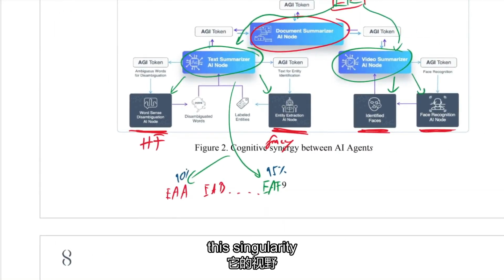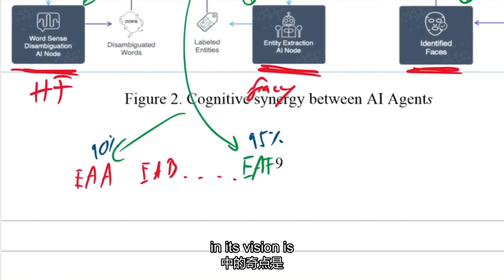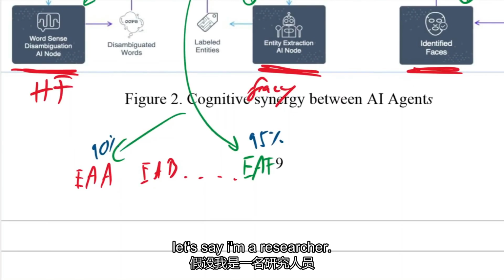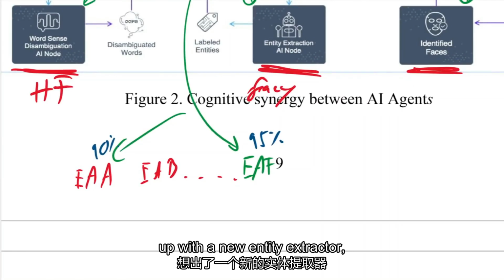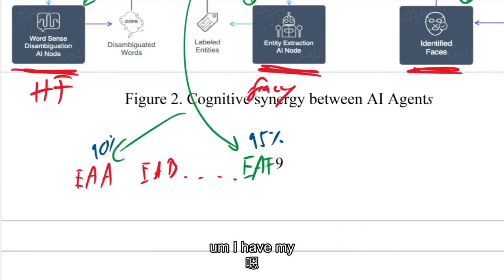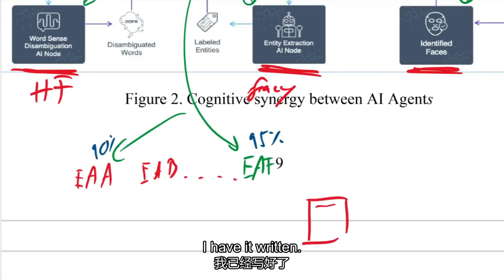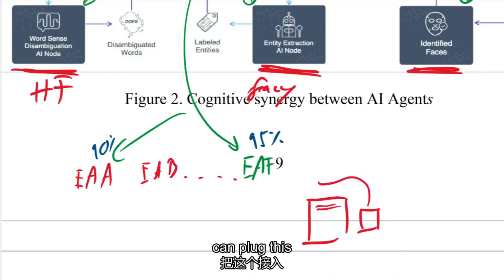Now, SingularityNET's vision is that, let's say, I'm a researcher and I come up with a new entity extractor. I have my paper written, and maybe a bit of code somewhere. What I can do is plug this into SingularityNET, and I am entity extractor X, advertising myself to this network.